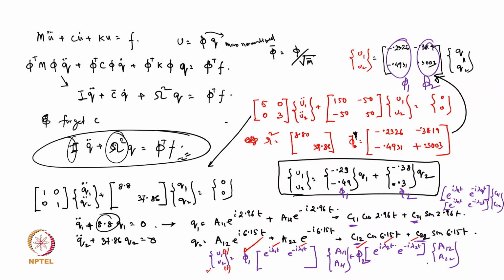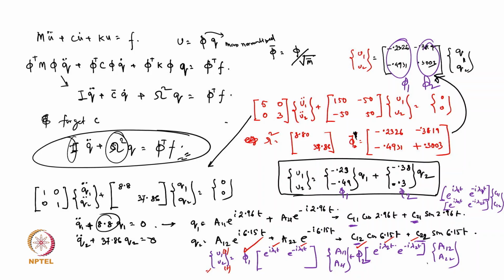Velocities are also there, so we don't have two values, we have four values. From four values, we calculate the four unknowns A11, A21, A12, A22, all from the initial conditions, and then we will finally get the solution.